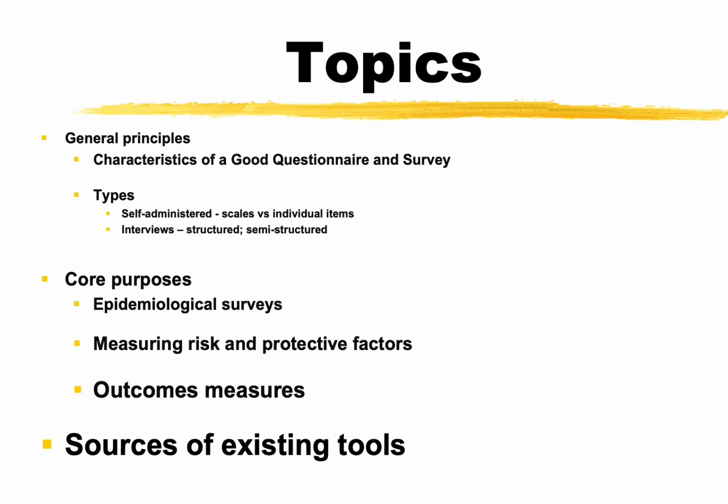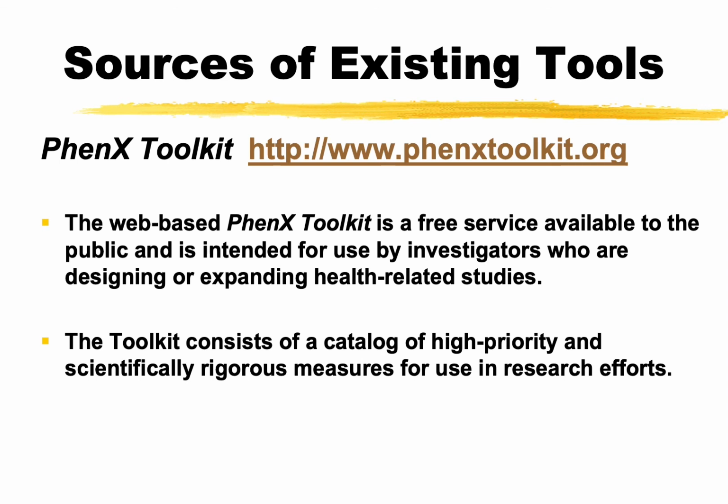The final topic for this presentation is to provide a summary of sources of existing tools. Now let's turn to the last segment of this talk, sources of existing tools.